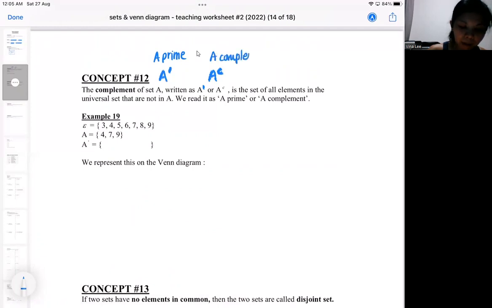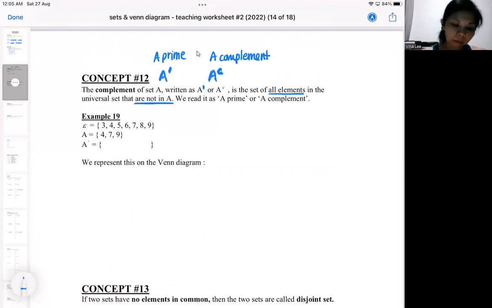But they mean the same thing. They represent the elements that are not in A.